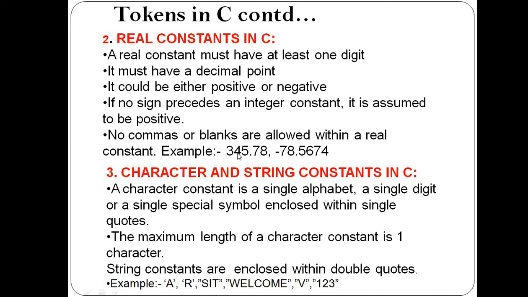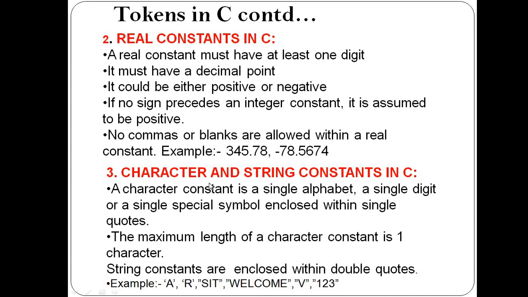No commas or blanks are allowed within a real constant either. By default it is considered positive if we do not specify the sign. Here decimal points are present and at least one digit must be available. So examples of real constants are 345.78 and minus 78.5674. So this is the second type of constant, the real constant.